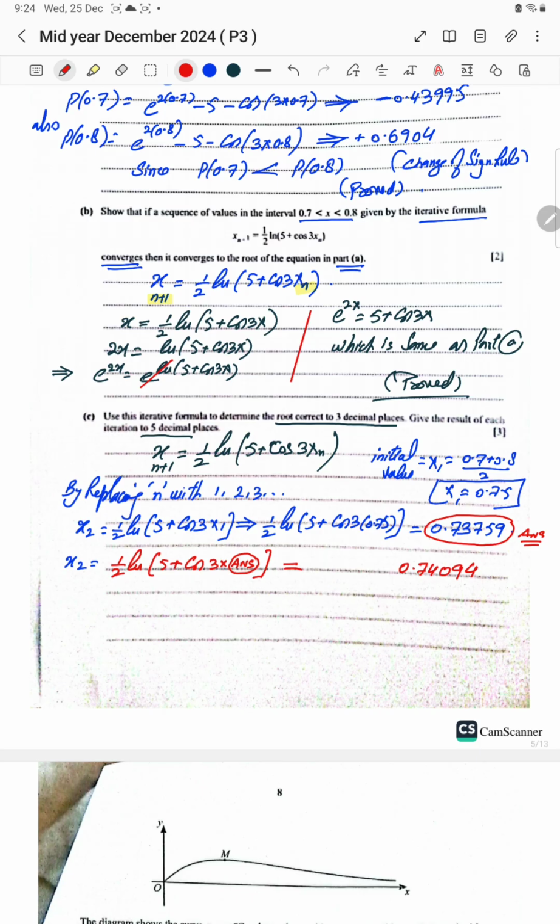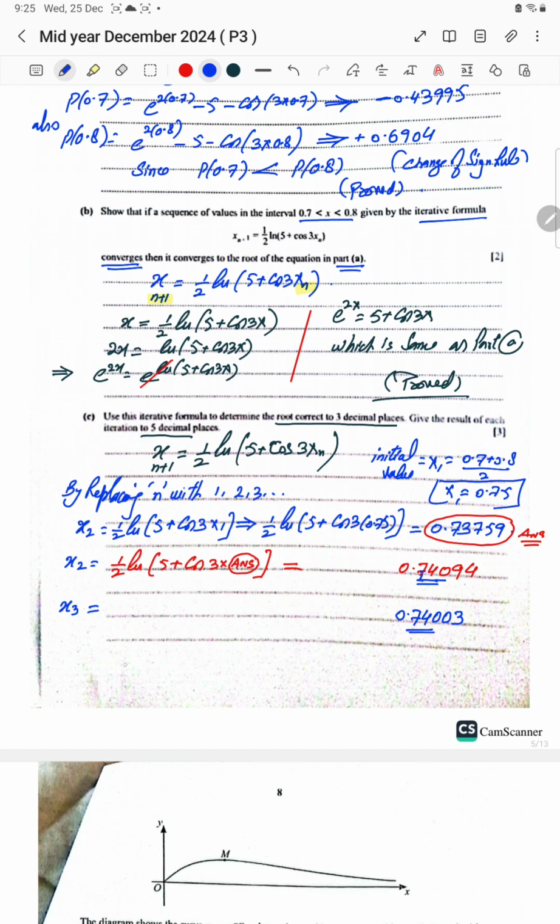Again, the second time, only press the equal to sign on the calculator. No need to resubstitute this. We get x3, and that comes to be 0.74003. As we have to finish our answer up to 3 decimal places, you can see up to 3 decimal places 0.740 is the same in these iterations. So I will stop here.